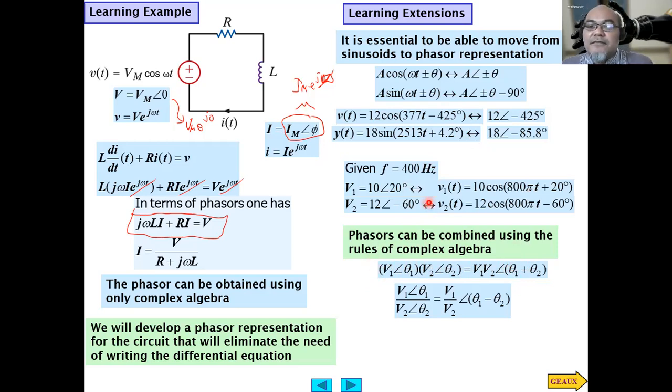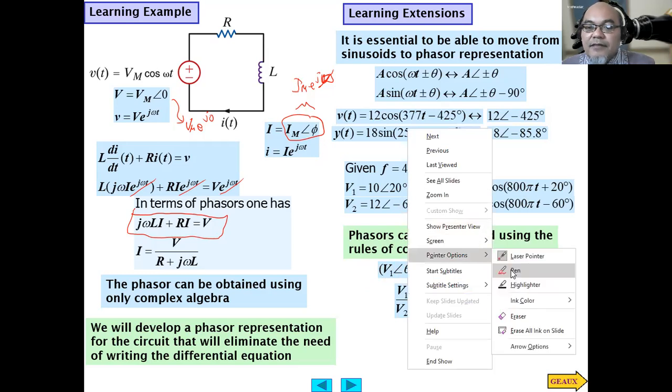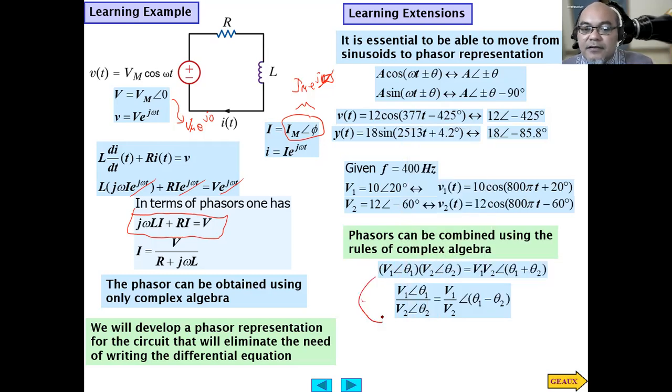If you are still confused, we can work it out. Basically, this is V1 exponent j theta 1 multiplied by V2 exponent j theta 2, right? So this becomes V1 V2 exponent j theta 1 exponent j theta 2.